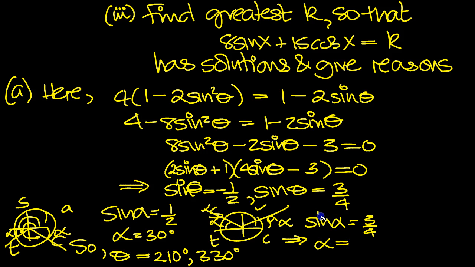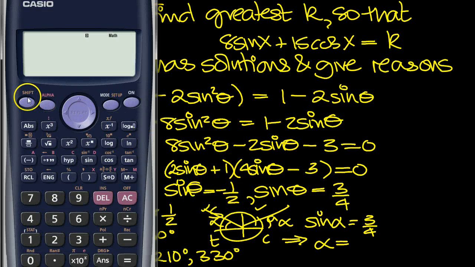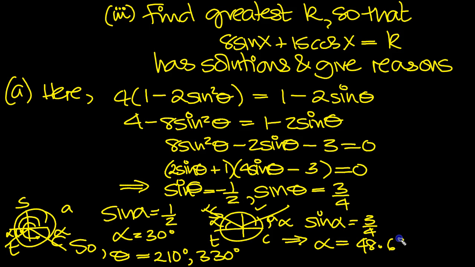So it's going to be shift sine on our calculator of 3/4, and we need to be in degrees mode. Shift sine of 3/4, inverse sine, 48.6, isn't it, degrees? 48.6 degrees to the nearest tenth of a degree.